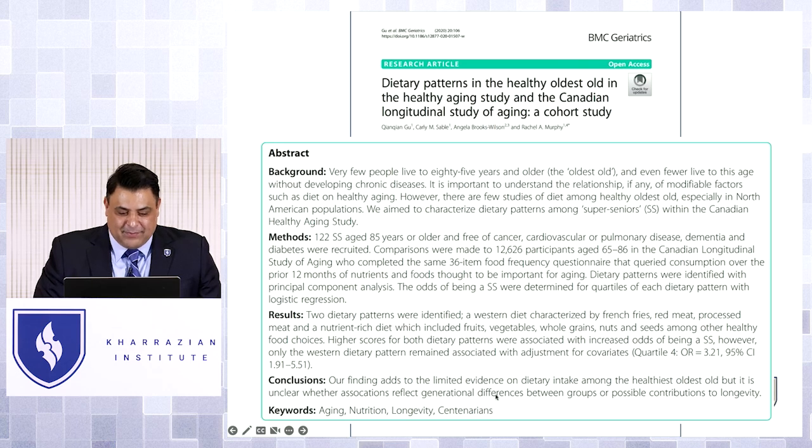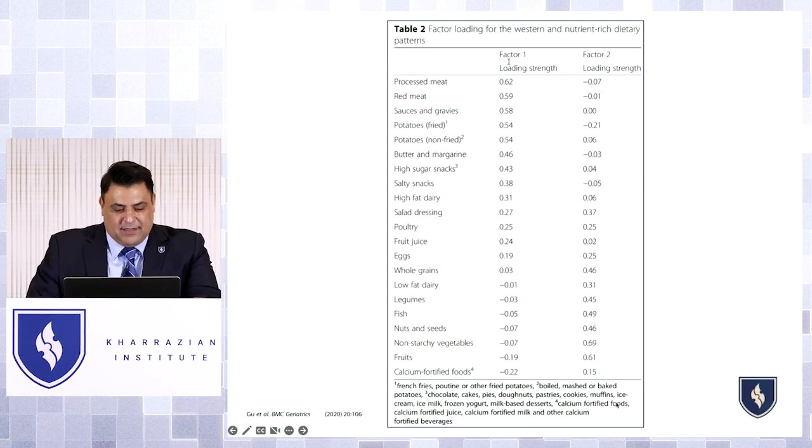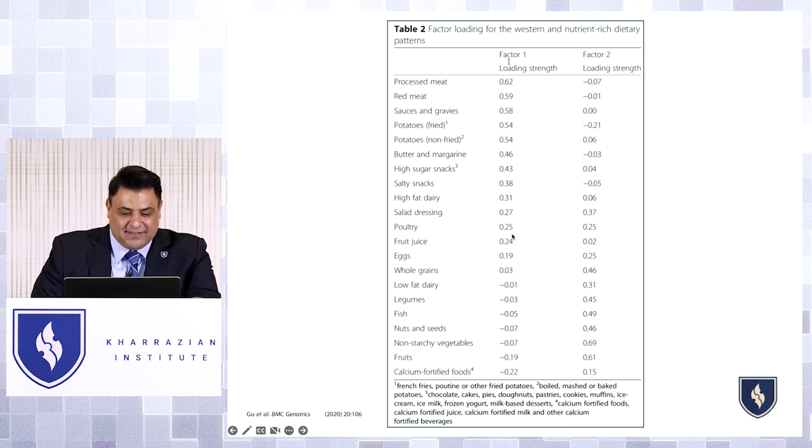The finding adds to limited evidence on dietary intake among the healthiest adults, but it is unclear whether the association reflects generational differences between groups. So when you look at this, you have group 1 and group 2. One is the Western diet, which has meat. The nutrient-rich diet has very little meat. Then you look at whole foods, snacky foods, and fruits and vegetables, a complete difference.